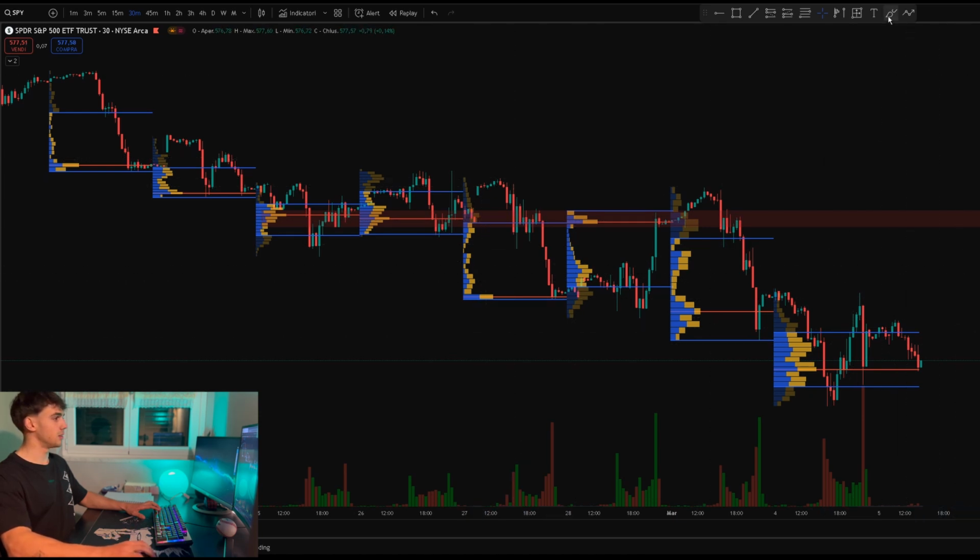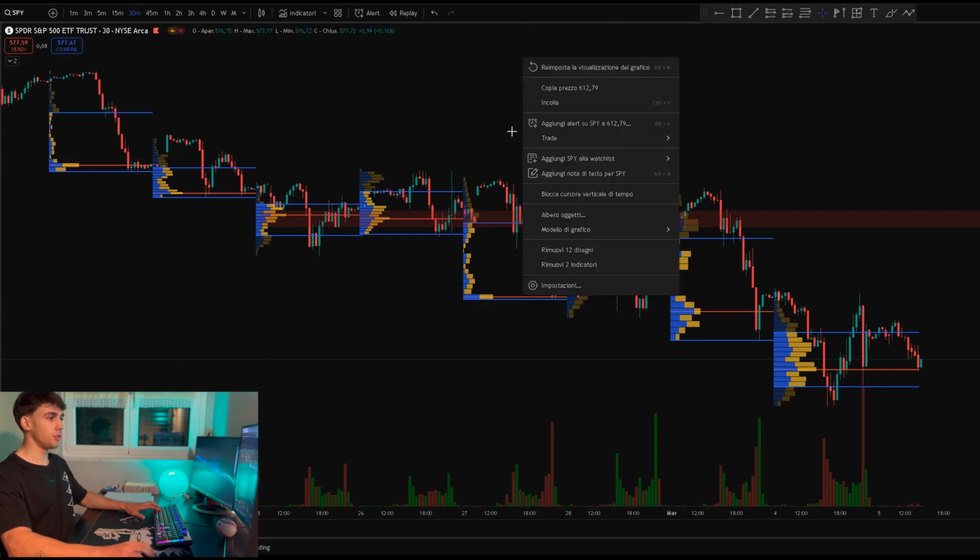If the market retraces here, maybe comes back here, you can think about taking a short in this area. So this is very objective. This is not guessing at all.